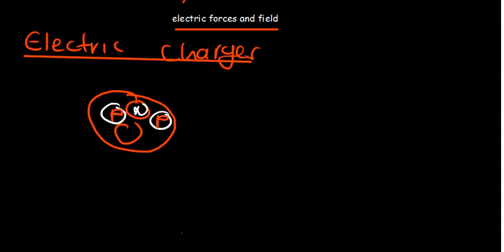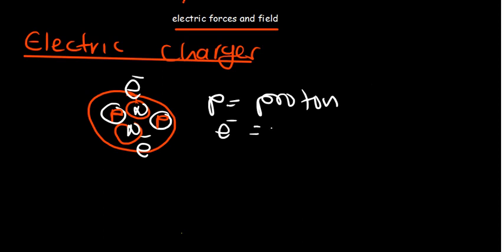Then we also know that around the atom there are what we call electrons. So this is a proton, this is an electron, and this is a neutron.